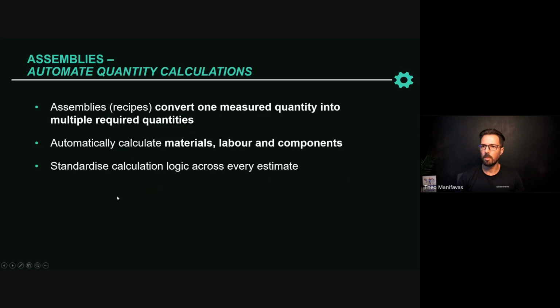All right, so I've added in cost categories and those single cost items. So the next thing we're going to talk about is assemblies. Like I mentioned, assemblies or recipes, if you want to call them that, are there to automate quantity calculations. So yeah, a bit of 101.